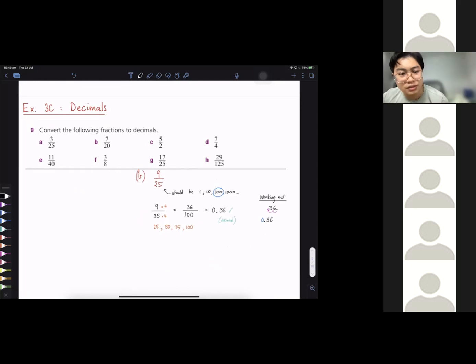So remember, the goal was to make it a 100 on the bottom by multiplying it. Let me write that out. Multiply the denominator, remember the denominator, D for down, which means the number at the bottom, to get to 100.